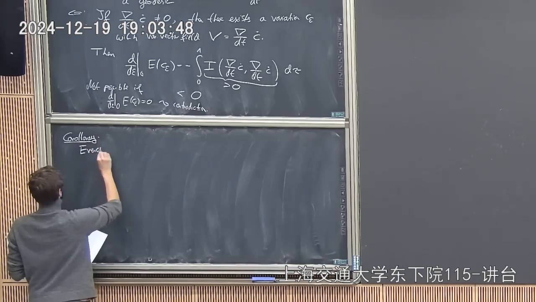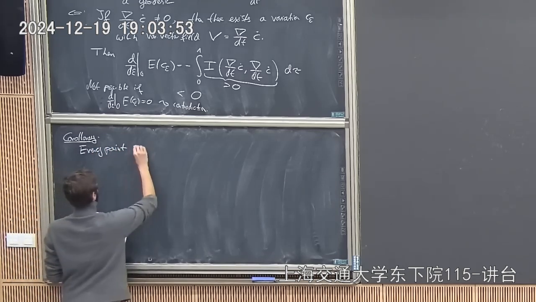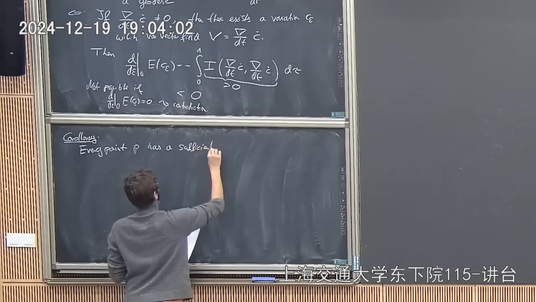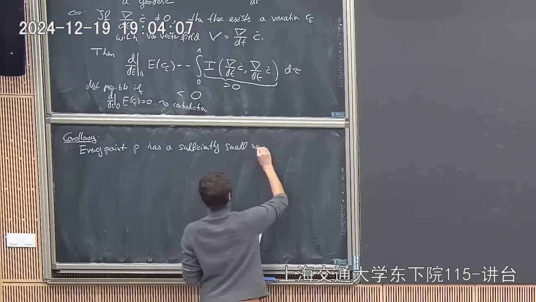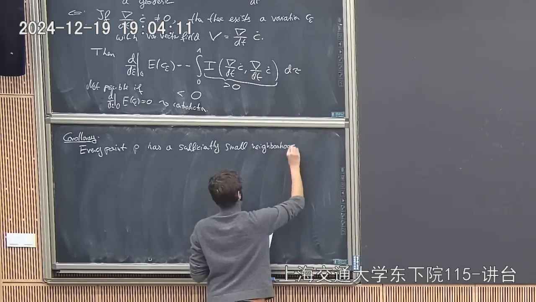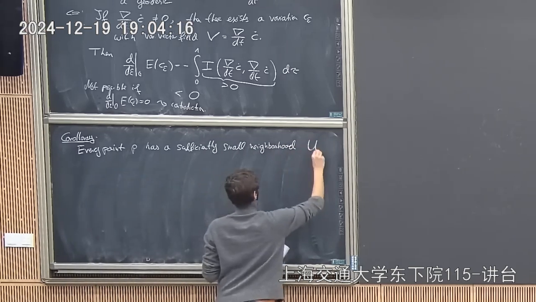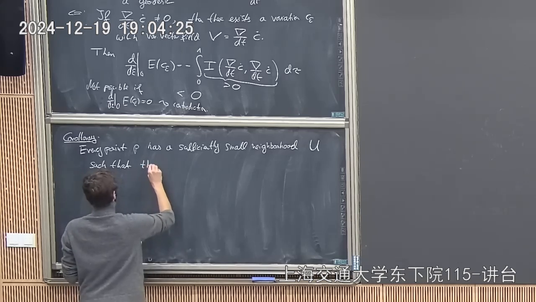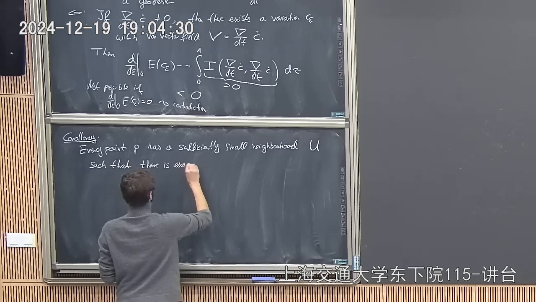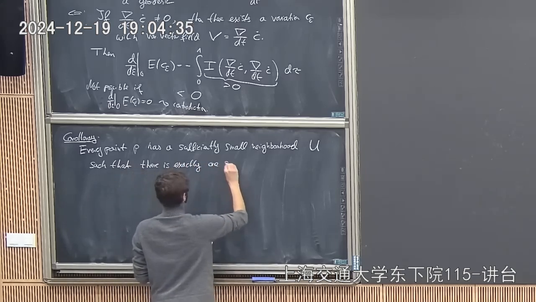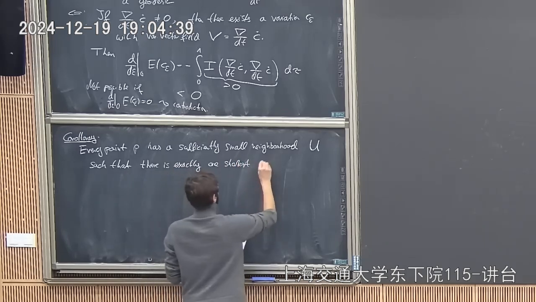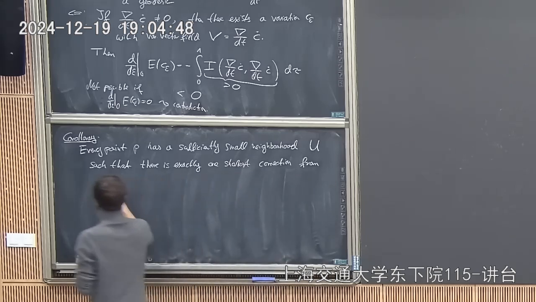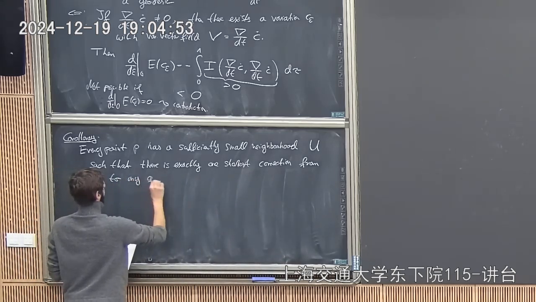It says that every point P has a sufficiently small neighborhood U such that there's exactly one shortest connection from P to any Q out of this neighborhood.